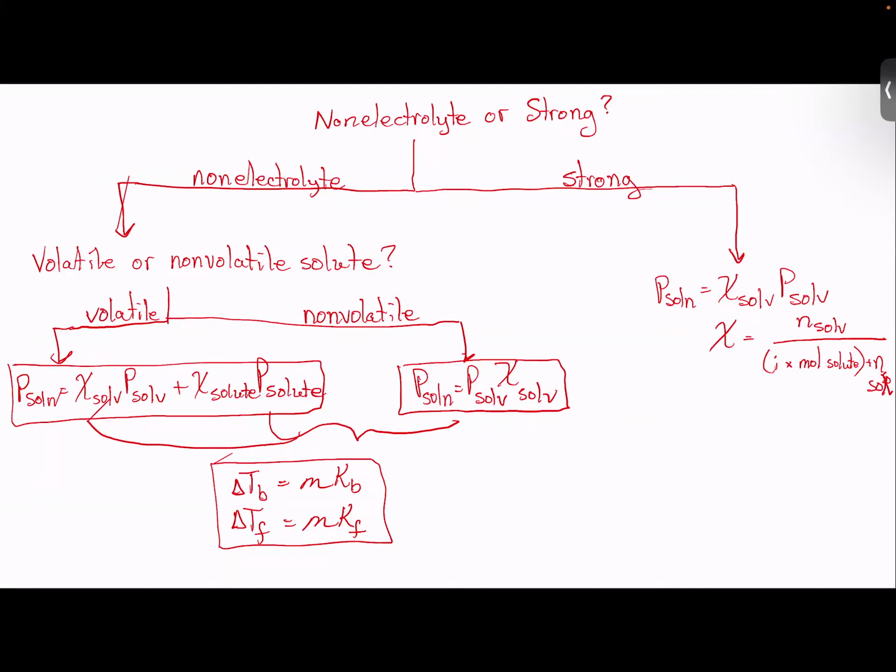Now, over here, delta T_b is equal to i times the molality times K_b, and delta T_f is equal to i times the molality times K_f. I don't give you those equations.